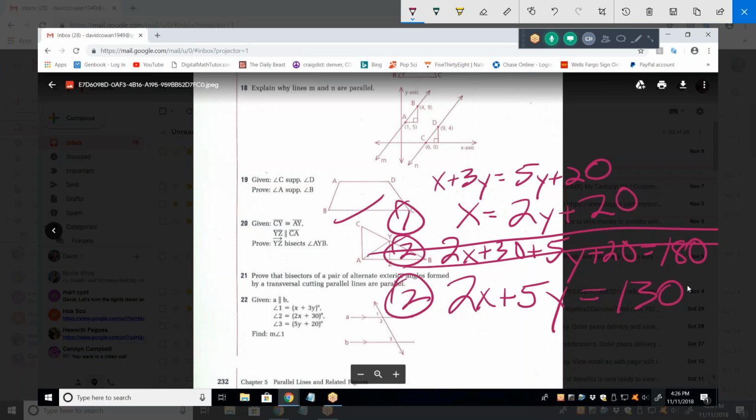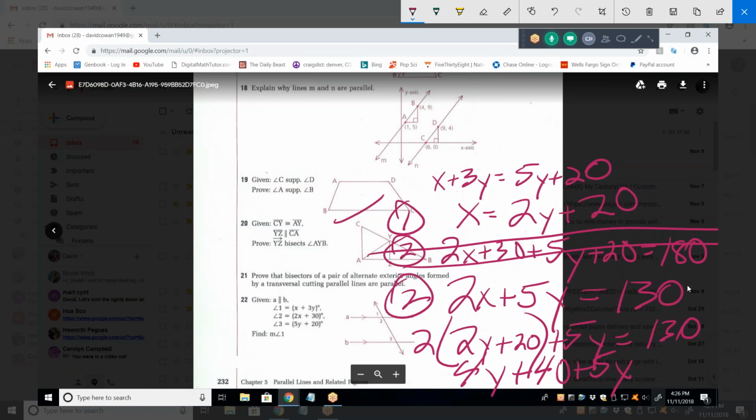So if I substitute it, then 2 times 2y plus 20 plus 5y equals 130. I will distribute it. So we got 4y plus 40 plus 5y equals 130.